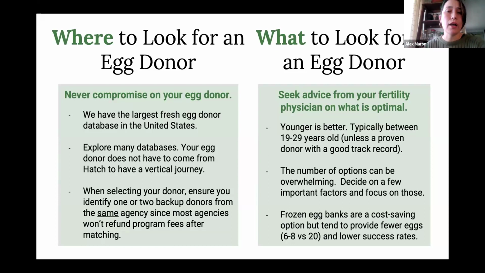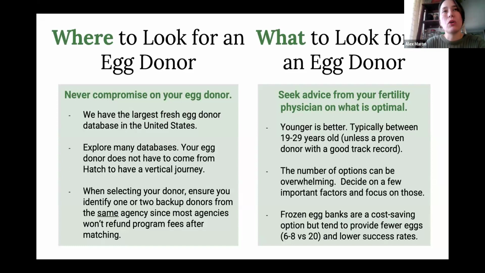Because numbers do dwindle a lot from egg retrieval to embryo creation. For example, usually 80% of the eggs that are retrieved will fertilize, but then out of that, about 30 to 40% will become blastocysts. So if you did a donor cycle and got 14 eggs, you should get about 10 embryos out of that, but out of those, about 3 to 4 high quality blastocysts. So numbers do go down.